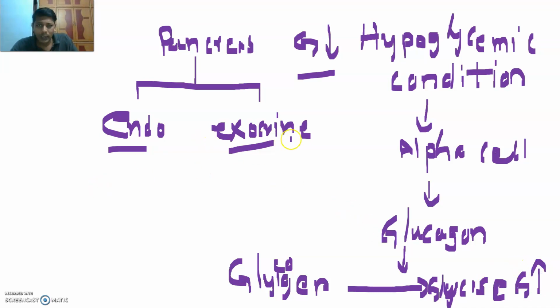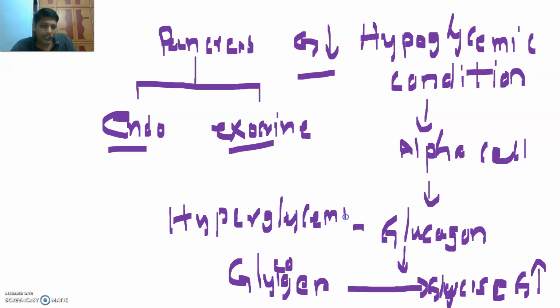That's why glucagon is called a hyperglycemic hormone, because it increases glucose levels. This hormone is produced in response to the hypoglycemic condition.